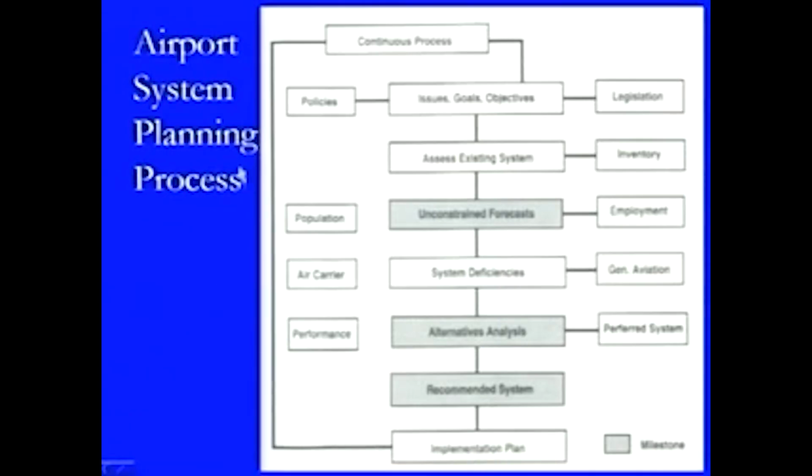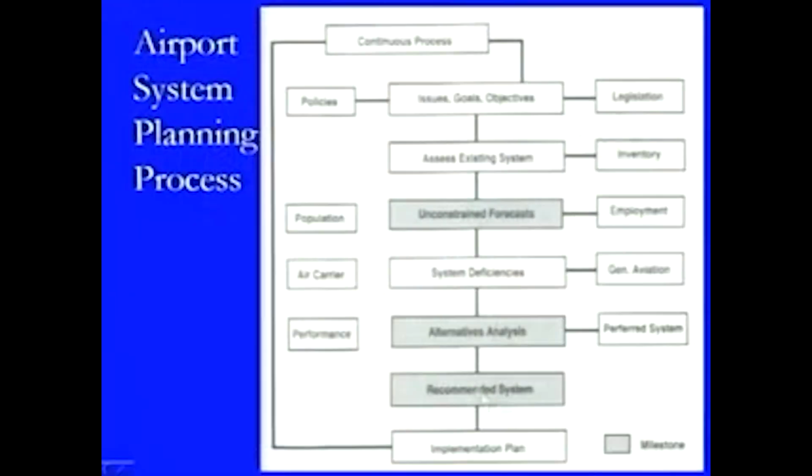Once it is implemented, we keep getting information on the implementation, use and operation of that facility with the new system, and if again we find a problem, then the whole process starts back, and that is why planning is a continuous process. Here the darker colors show certain milestones, because they are the important points of any airport system planning: the forecast, the analysis and the recommendation of a system which will remove the deficiencies of the existing airport system.